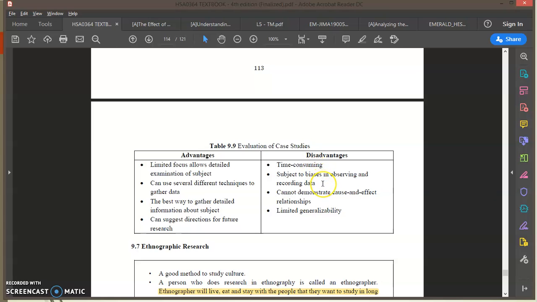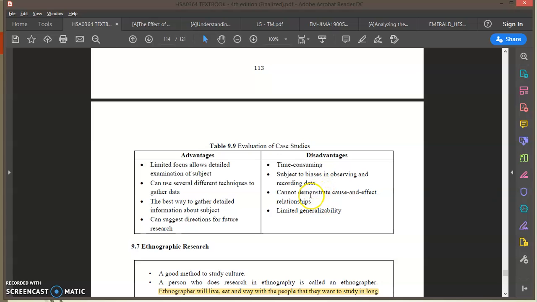Second, it is subject to bias in observing and recording data, because the natural instinct of a human being is to be biased. The analysis would be subject to the bias of the researcher.